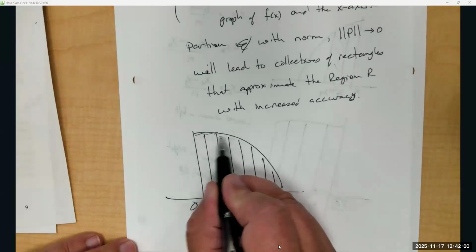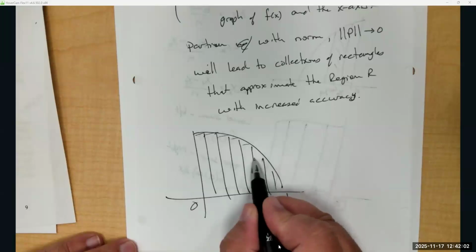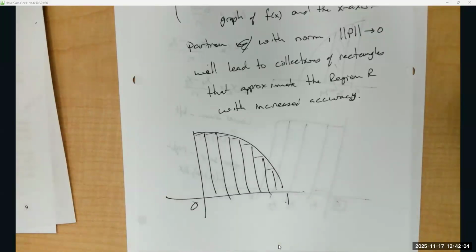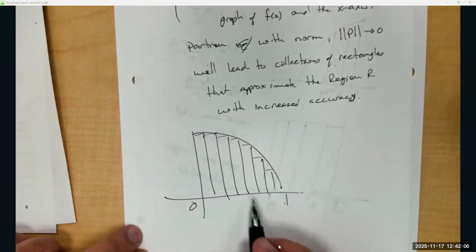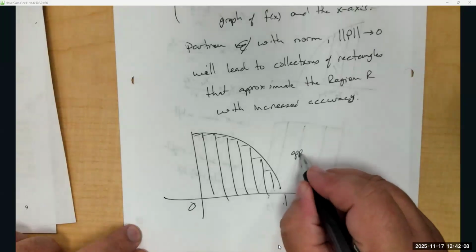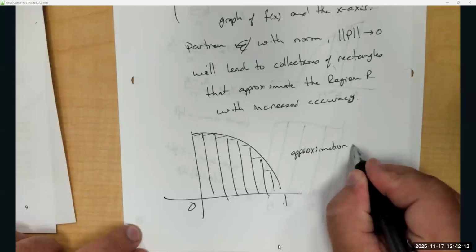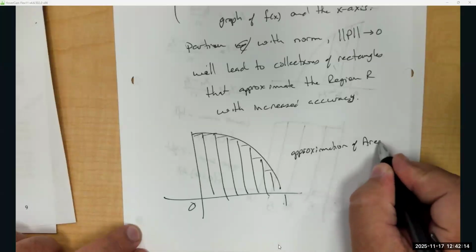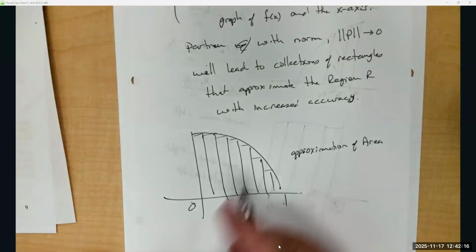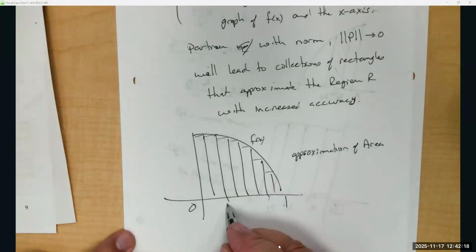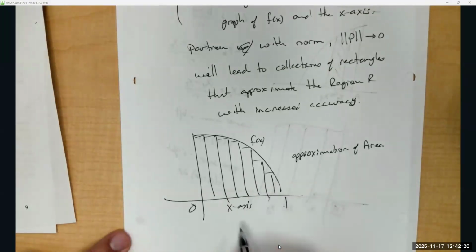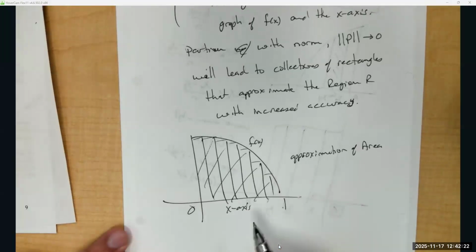Whether we use the upper sum or lower sum or the midpoint or any other value in there, it gives us an approximation of the area under the curve. Here's f of x, here's the x-axis. It gives us this area eventually. That's what the Riemann sum tells us.